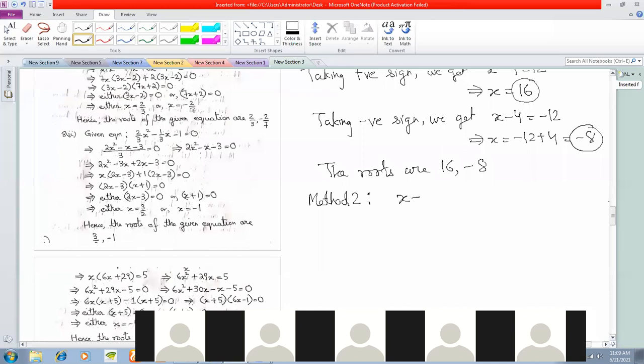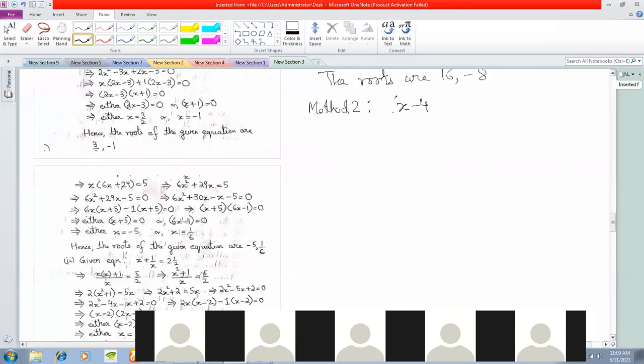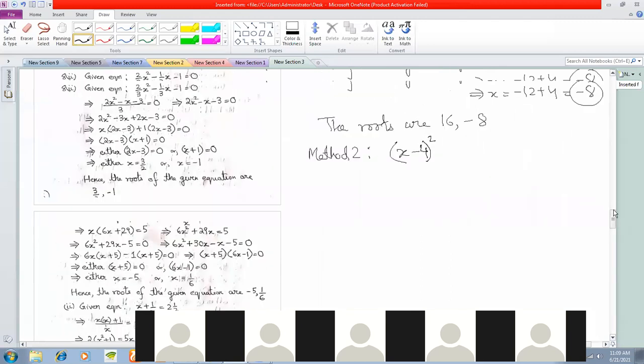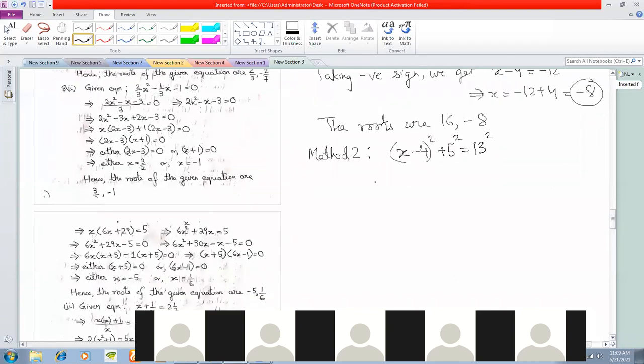We start with the given equation. Given equation was (x minus 4) whole square plus 5 square is equal to 13 square. That means you expand this by (a minus b) whole square, you get a square minus 2ab plus b square. 5 square you write as 25, and this you write as 169.